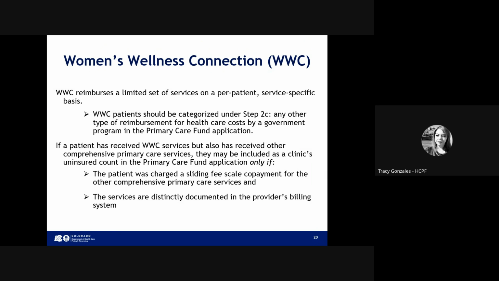However, if a patient receiving WWC services also received other comprehensive primary care services at that same appointment, they can be included in your clinic's step 5 patient count if the patient was charged a sliding fee scale copay for the other comprehensive primary care services that they received, and if the services are distinctly documented in your billing system.